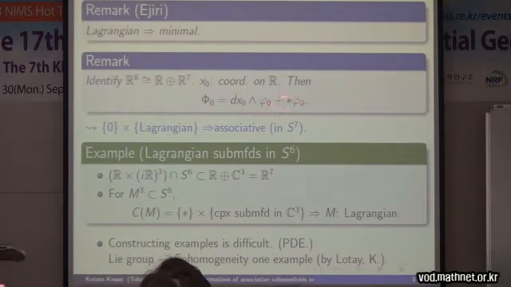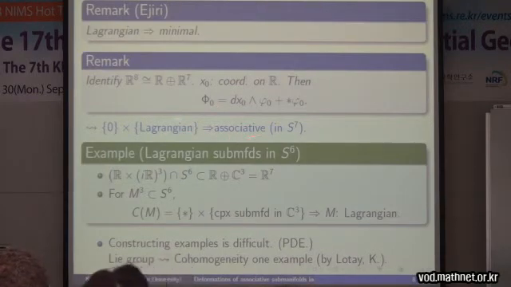The second term restricted to the cone of the Lagrangian is equal to the volume form of the cone. So by definition, 0 times Lagrangian submanifolds are associative submanifolds in S7.